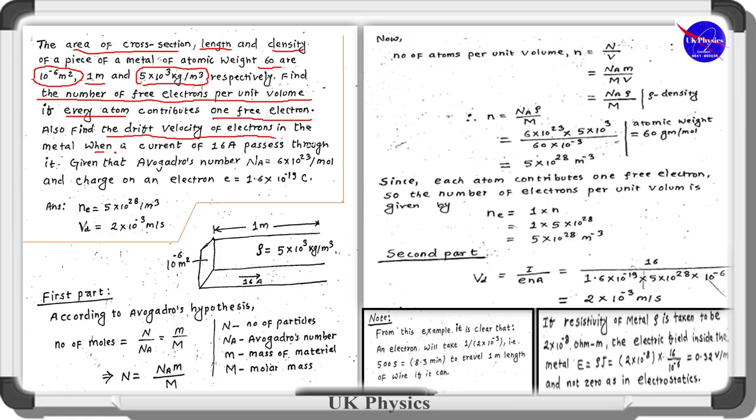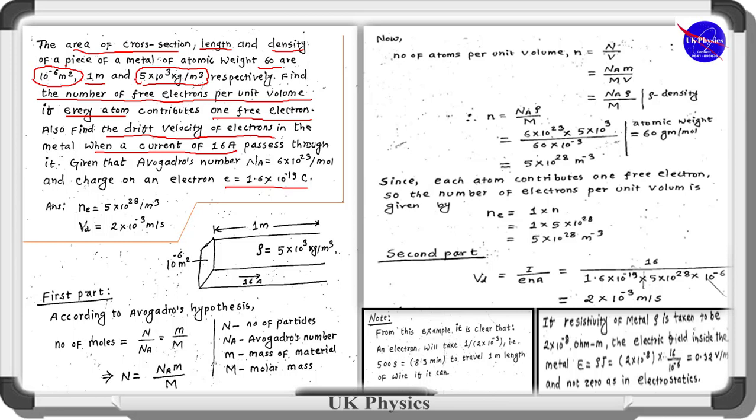when a current of 60 ampere passes through it, provided that the Avogadro's number is 6 into 10 to the power 23 per mole, and the charge on the electron, the electronic charge, is 1.6 into 10 to the power minus 19 coulomb, which is already understood.